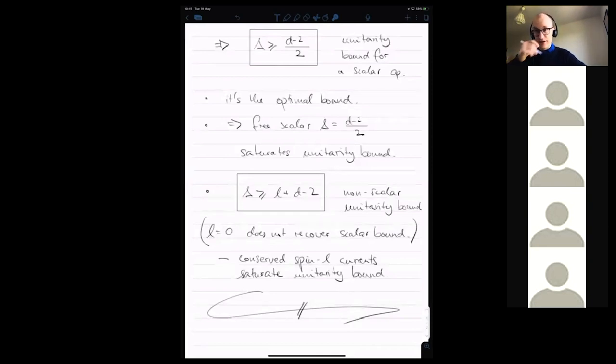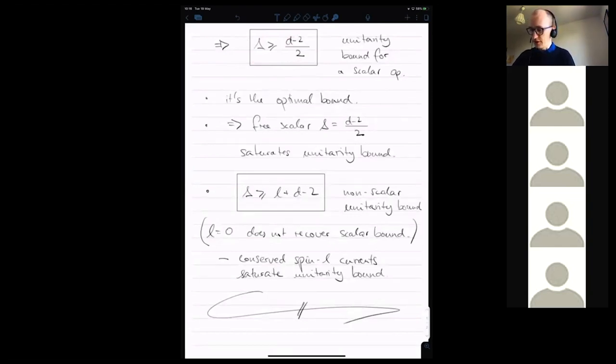In particular, by looking at level 2 descendants, we got what is called the unitarity bound. Not only is the conformal dimension of any operator in a unitary theory positive, but in fact it has a bound which is given by this expression in terms of the dimension.